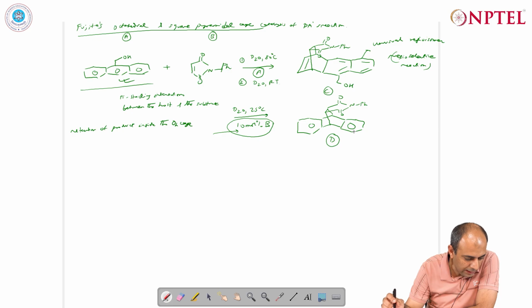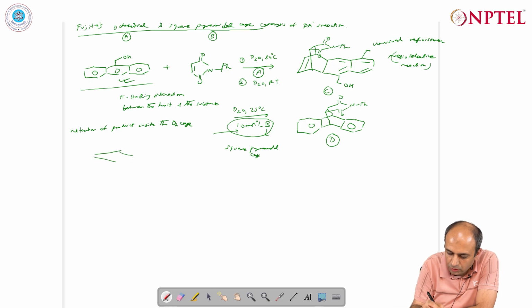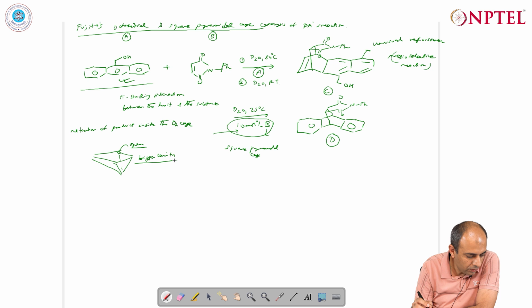So what happens is that when you have the square pyramidal cage, in case of B, you see it is open from the top and it has got a bigger cavity. So the substrates can easily move into this particular cage and then easily come out.